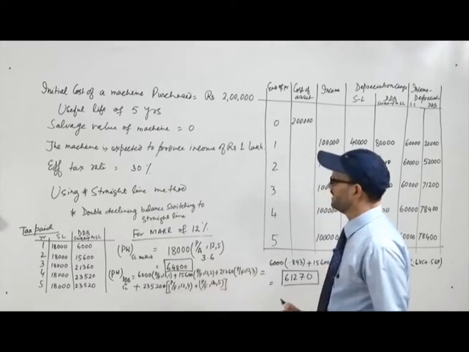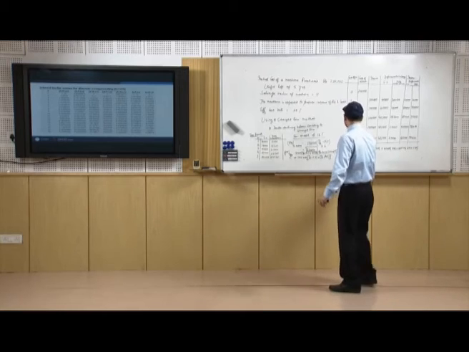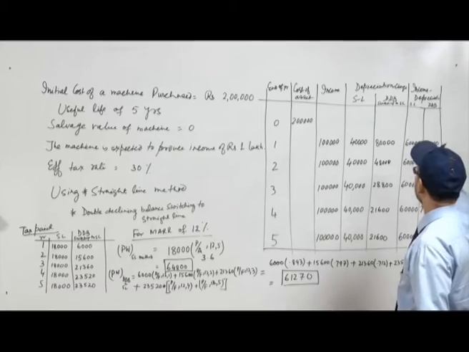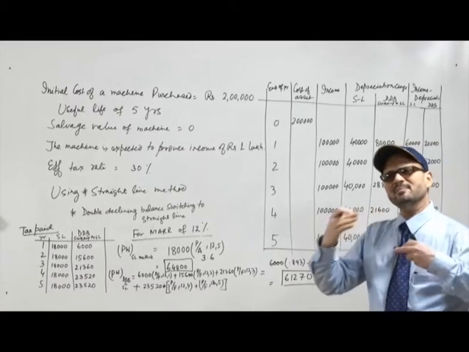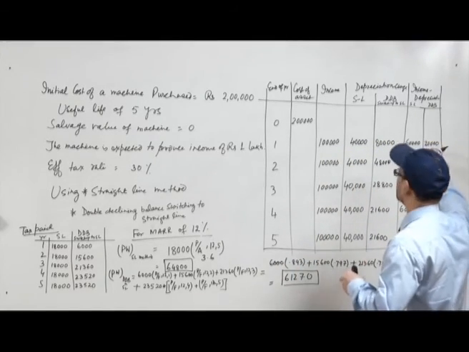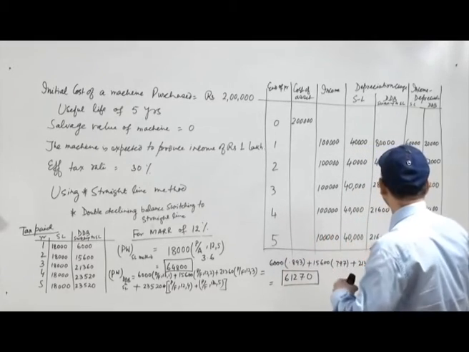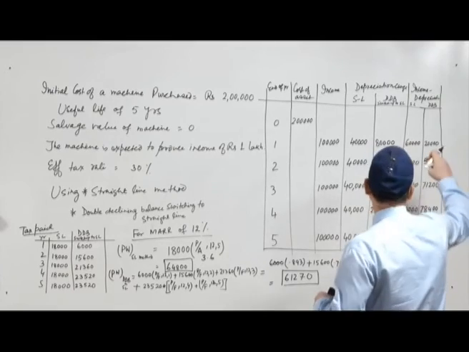So, why has this difference come? We are paying a smaller amount in the initial periods in case of accelerated methods of depreciation. Since there is time value of money, whatever we are paying today, the money value basically decreases because of its nature.